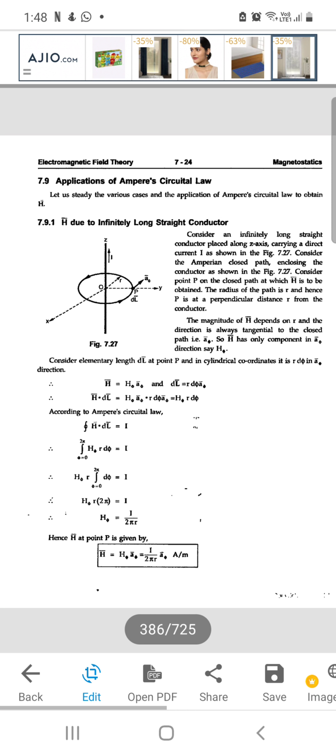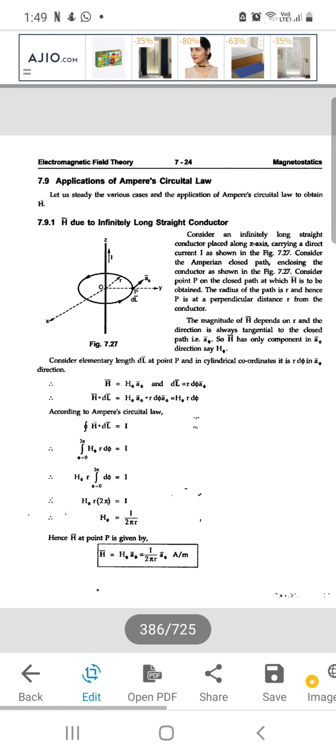You will have a component only in the a phi direction, since dl a phi is the tangential component at dl. So, you will not have the dr a r term and dz a z term while writing dl.